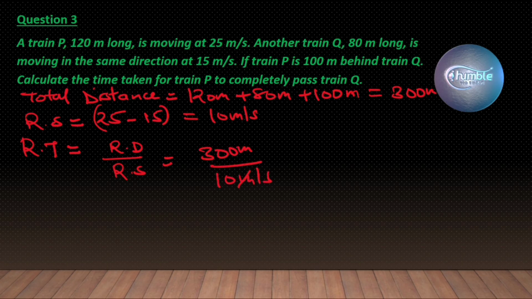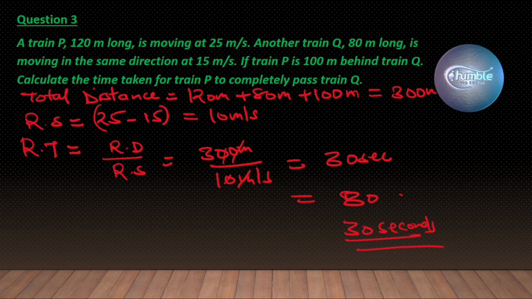Meters and meters will cancel, and we give this to be equal to 30. We take them 30 seconds to overtake. So the answer is 30 seconds.